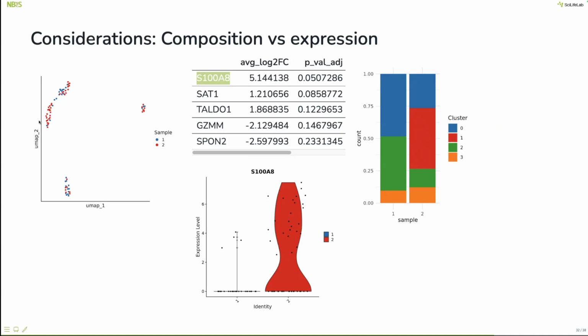So here, this is the neutrophil cluster, and so then the sample will have higher expression of the neutrophil genes. And this is true. This is not like a false result, but we always need to consider how we interpret it. Are we interpreting as a difference in composition, or are we interpreting as a difference in gene expression?